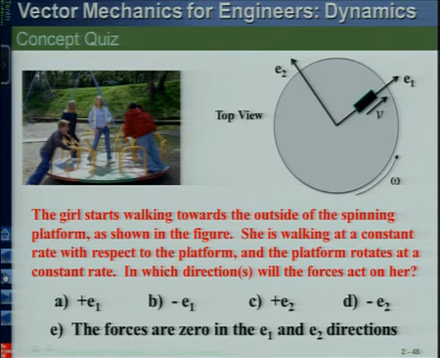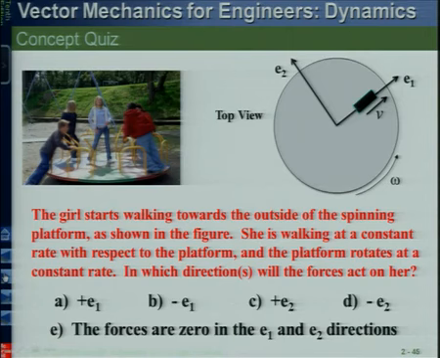So let's see, forces in the radial direction will be equal to m times (r double dot minus r theta dot square). Now r double dot is what? 0. Why? Because that is a constant velocity. So obviously that means forces in the radial direction will be only toward the center.